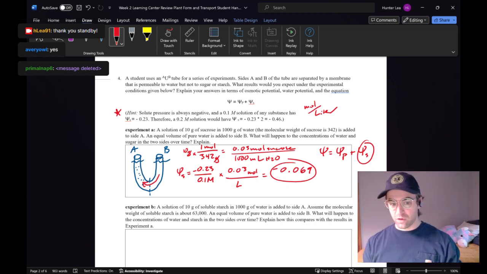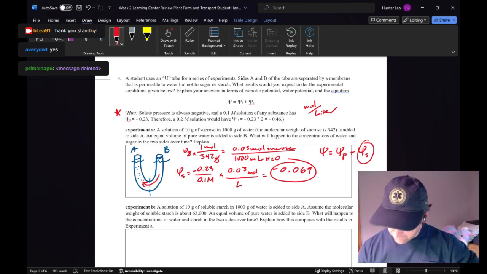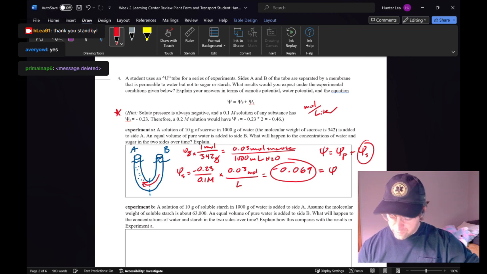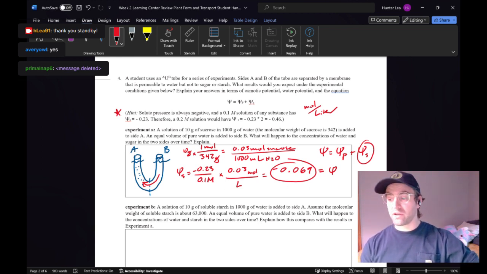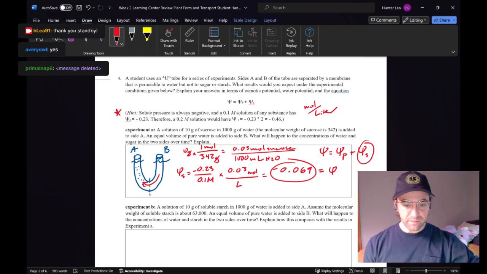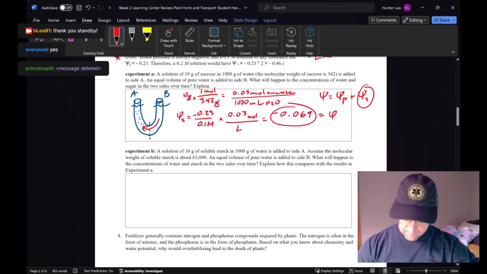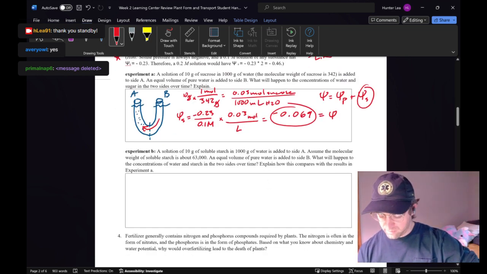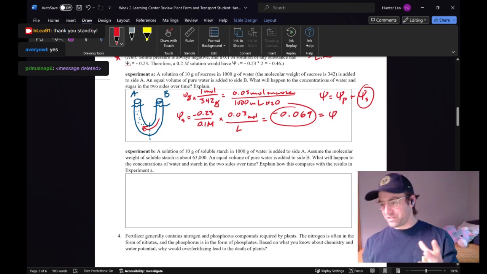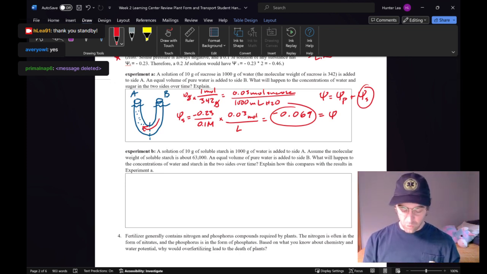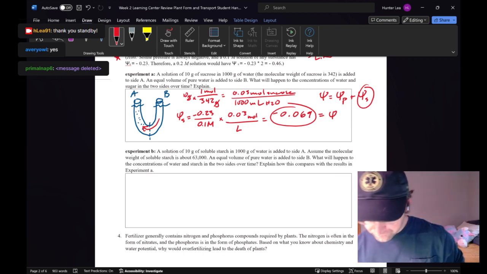So our formula would just be plus 0. And so 0.069 is also our water potential. Okay, so that is the mathematical justification for what we would observe, which is water moving from side B into side A where all of that sucrose is dissolved.